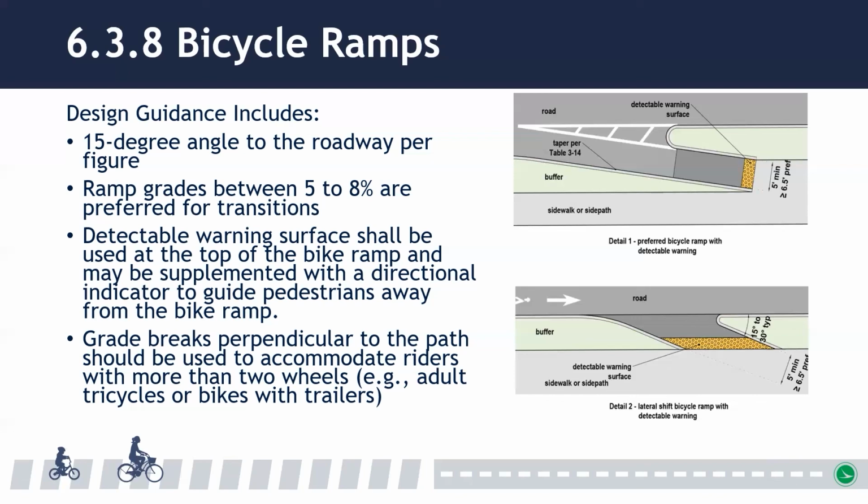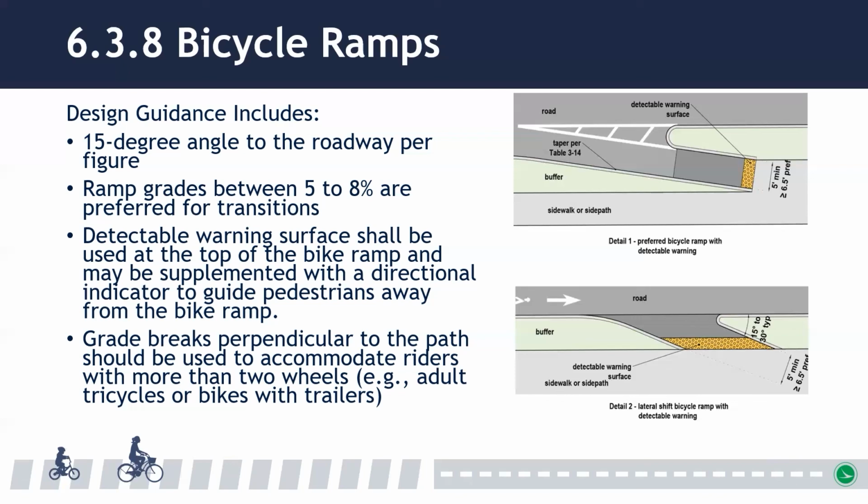In some instances, it may be appropriate to provide a bike ramp that would be used by most bicyclists, but to also provide an on-street option for the highly confident and somewhat confident bicyclist to allow them to ride in the shared lane environment. This section covers design parameters for bicycle ramps as summarized on this slide.